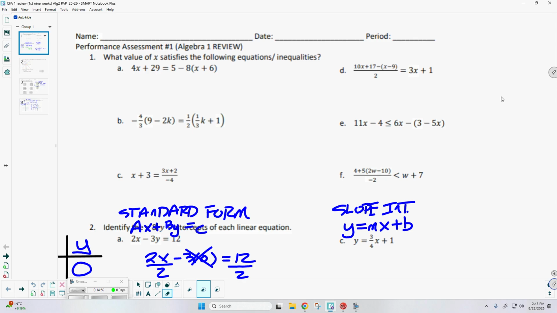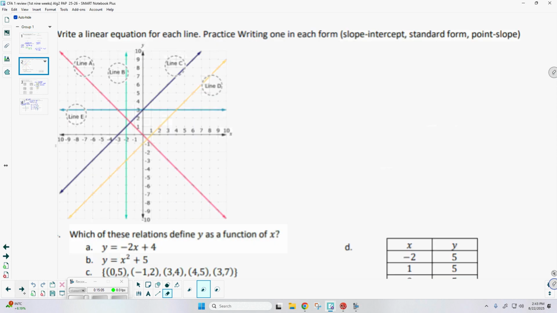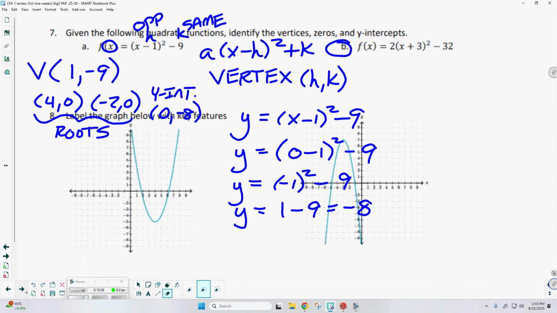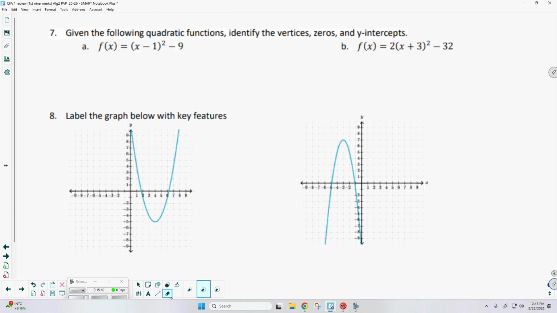You're thinking, I'm not sure what to do. Yes, ma'am. On the back? What number? 7? Okay, I think we did 7A, right? Okay, so let's work 7B. We're dealing with the quadratic.